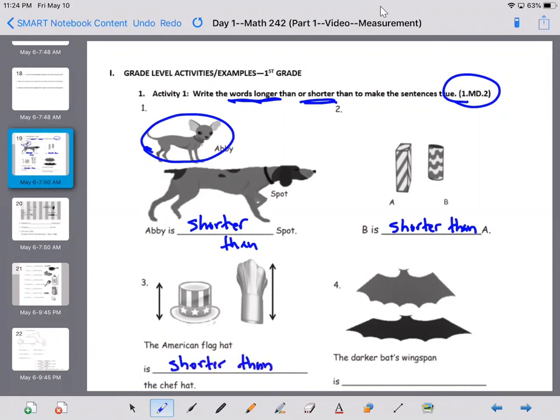And then we would look at the darker bat's wing, and we would say that it is longer. So the darker bat's wing is longer than the lighter bat's wing. So here's your darker one, there's your lighter one.